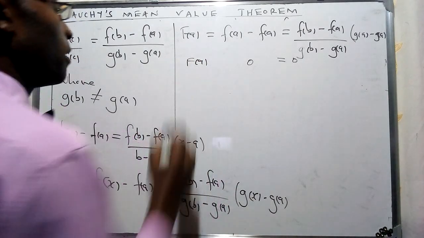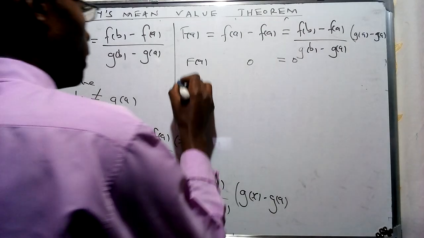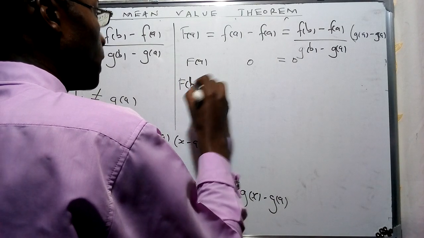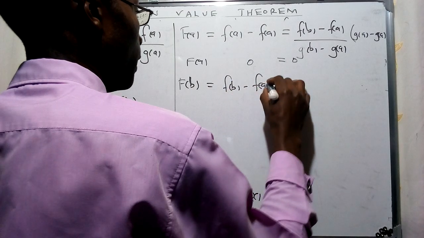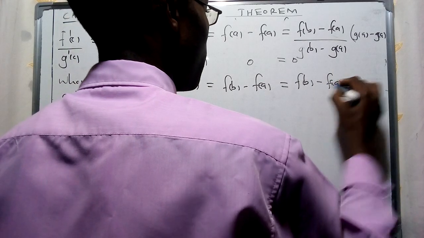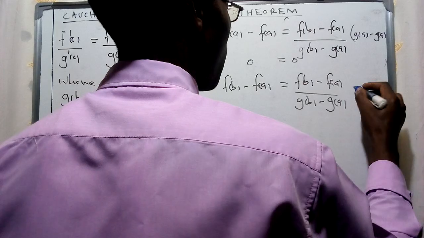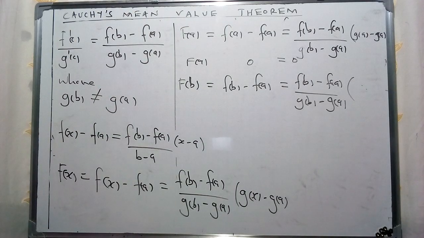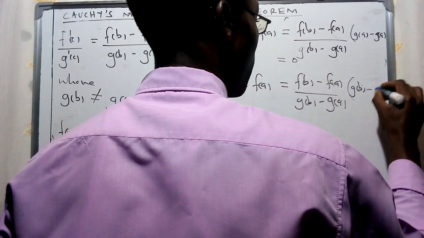Now, suppose we consider the value of f of b on these other intervals, and try to see what the value for that one is going to be. We're going to have f of b represented as f of b minus f of a, equivalent to f of b minus f of a all over g of b minus g of a, times g of b minus g of a.